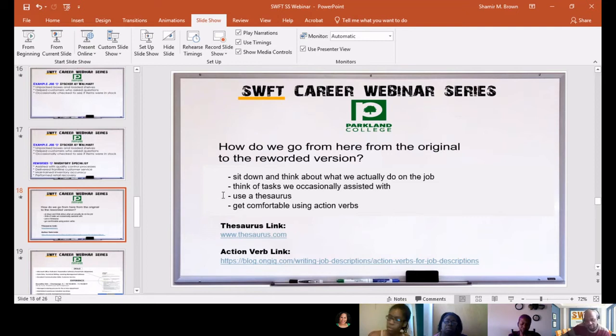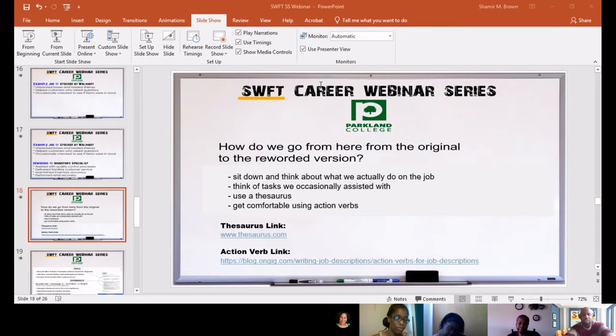A very useful resource you want to use is a thesaurus. You don't have to have a hard copy, so we're beyond the days where you need a hard copy book, which actually do exist. You can just go to thesaurus.com, and it has what are called synonyms. Synonyms are, I don't want to insult anyone, just words that are very similar to the word we were thinking about using, and we can get all kinds of alternatives.